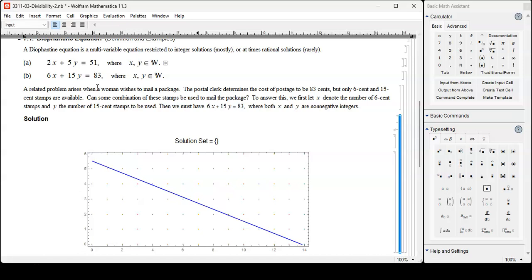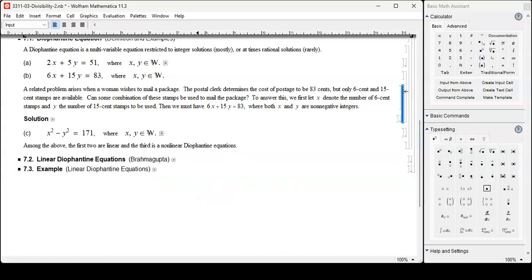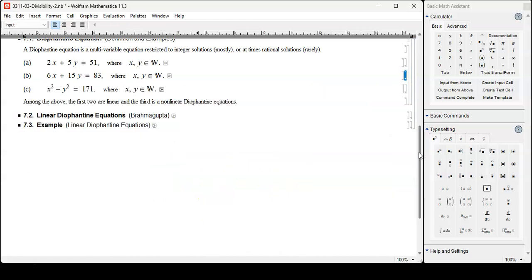So the x value is the greatest integer not exceeding 83 over 6, so that goes up to 14, and then the y value goes up to 5. So there are not that many values to check. For computers, it's a piece of cake.